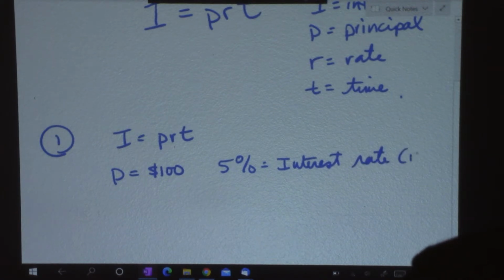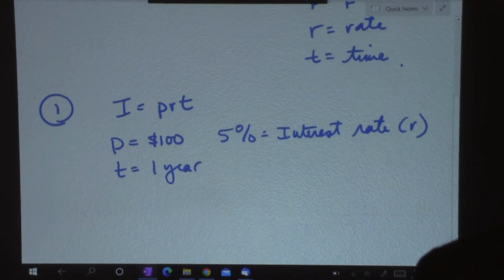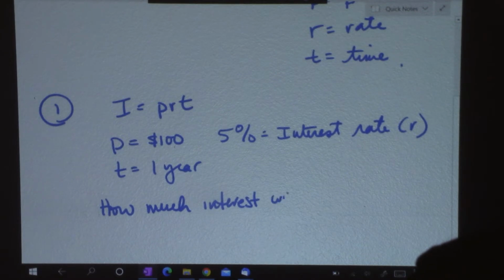So that's R. Okay. And the time is 1 year. Okay. And the question is, how much interest will Tim have to pay?